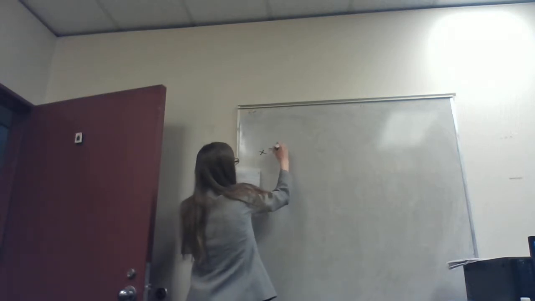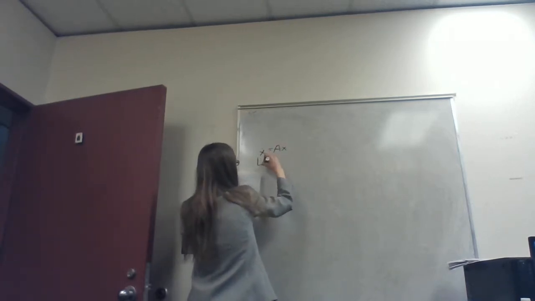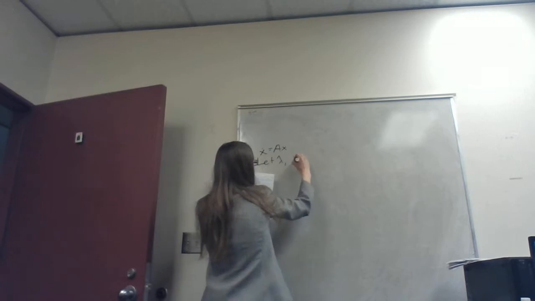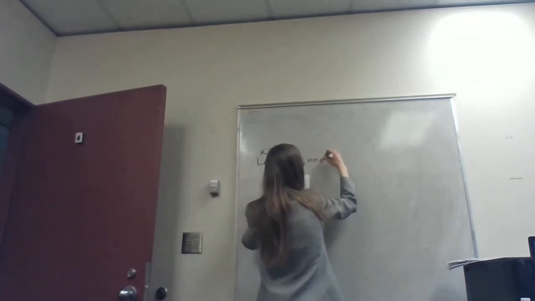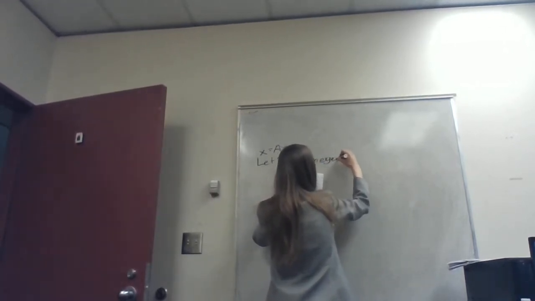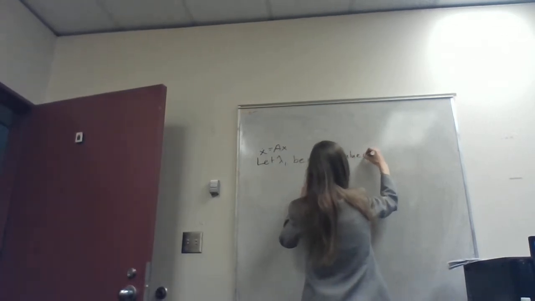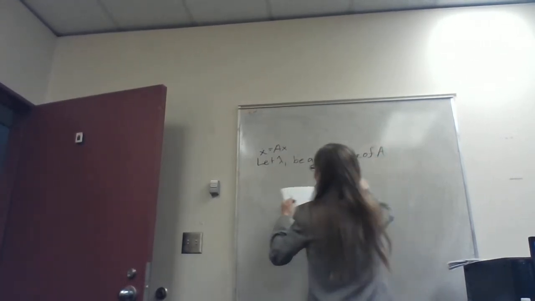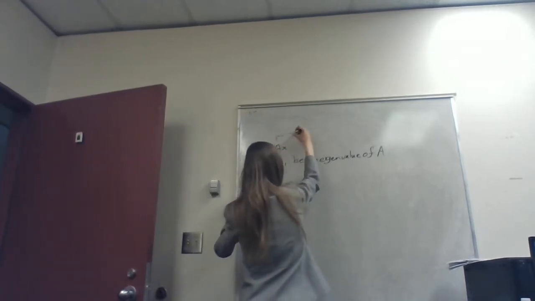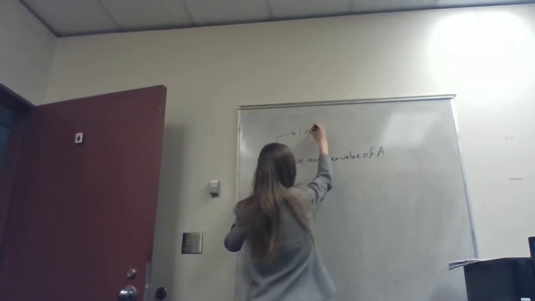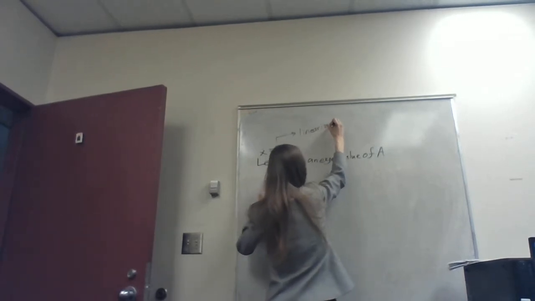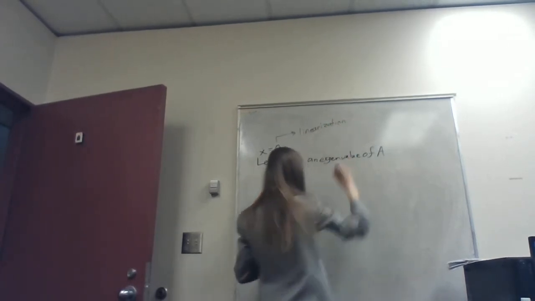Oh, here we go, x dot equals Ax. So let lambda 1 be an eigenvalue of A. Here we have this linearization. This is that Jacobian that we just had a minute ago at the bottom down here.